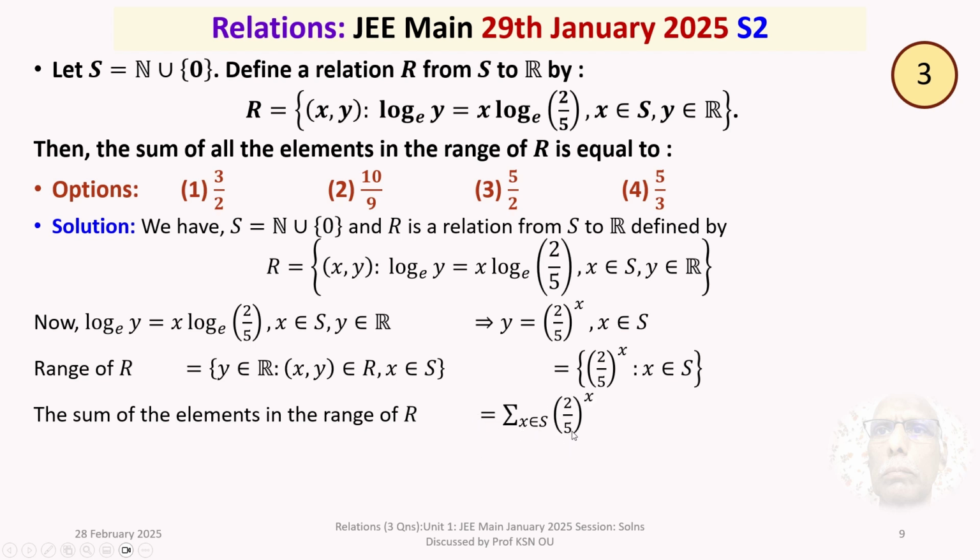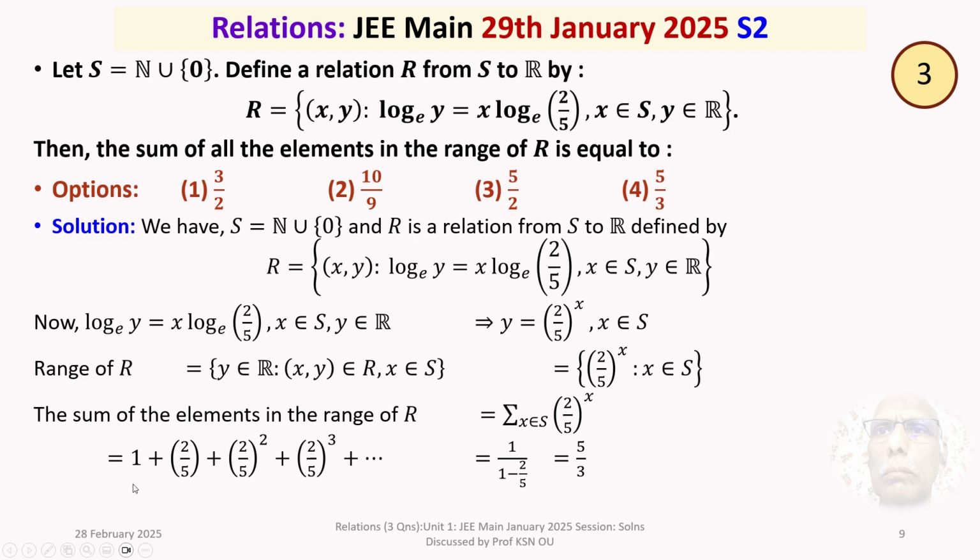It is (2/5) to the power of 0, which is 1. x is 1, 2/5. x is 2, (2/5) squared. x is 3, (2/5) cubed, plus, etc., up to infinity. What is this?